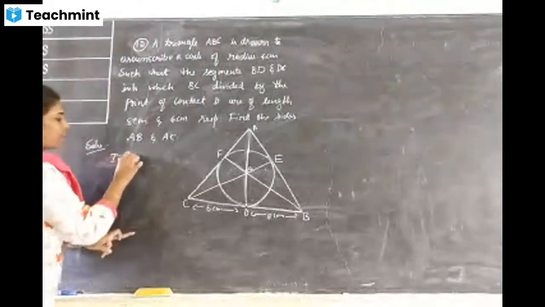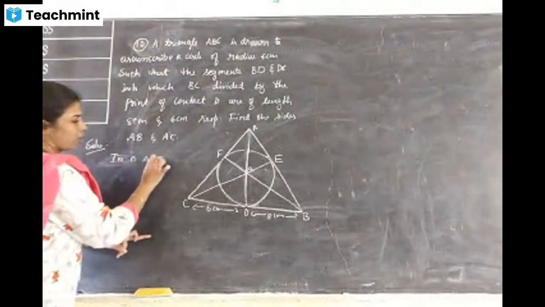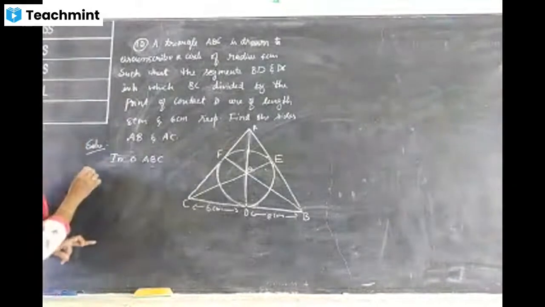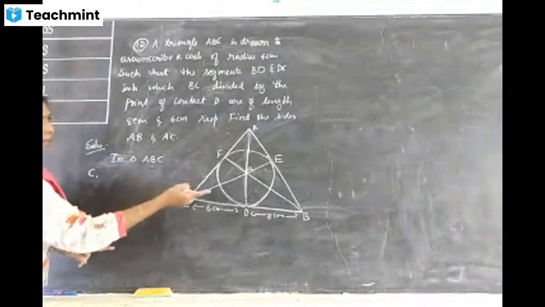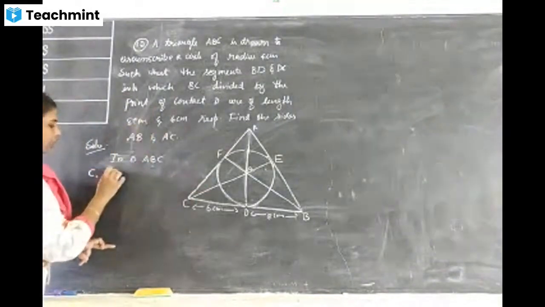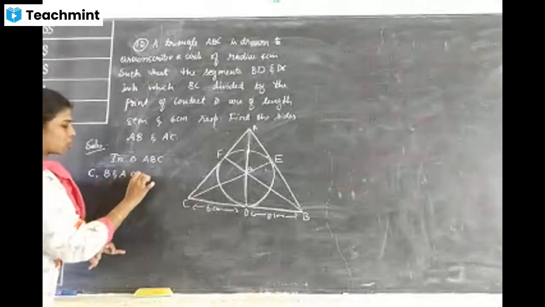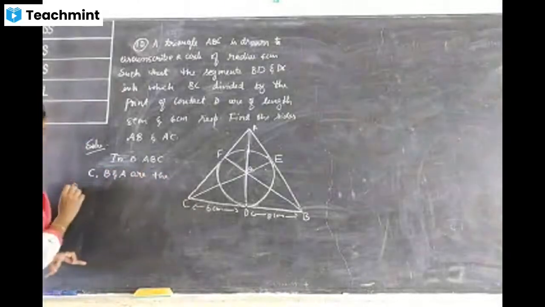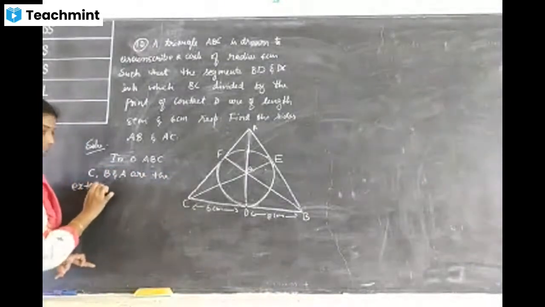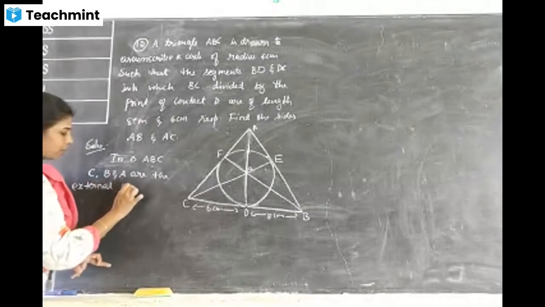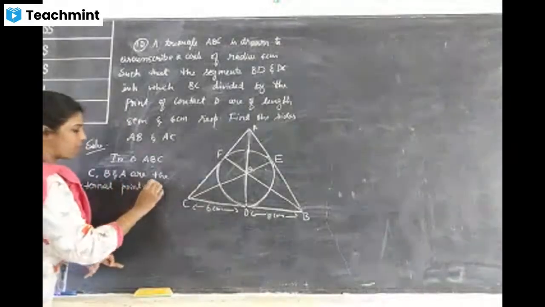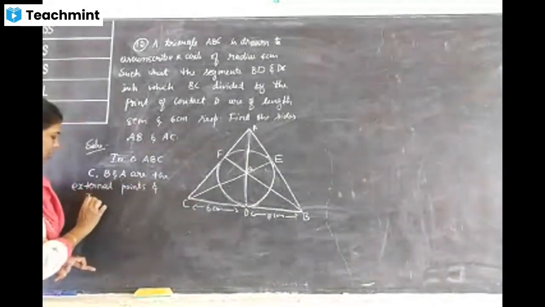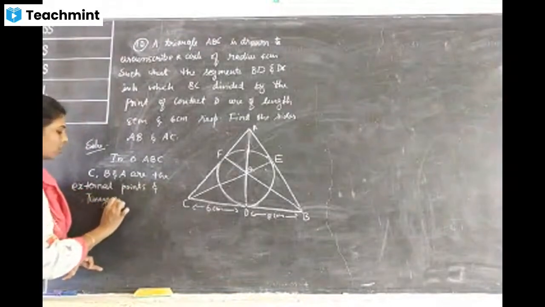So in triangle ABC, C, B and A are the external points, and the tangents are drawn to a circle.